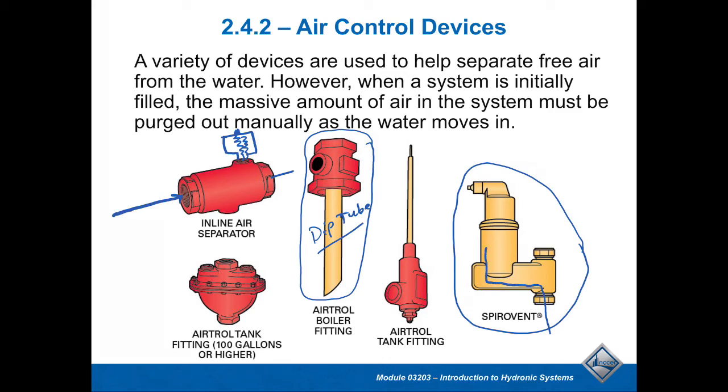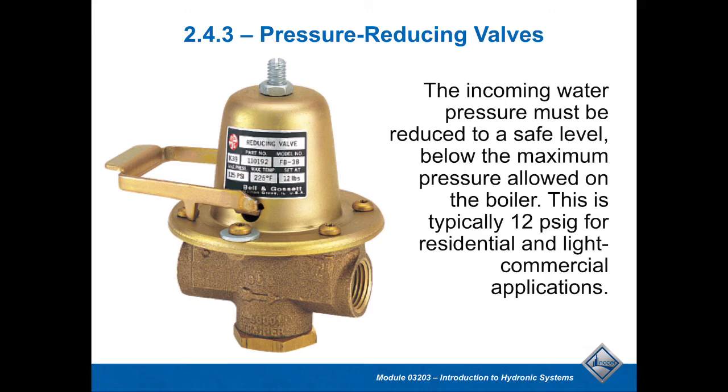This Spirevent shown here is a vertical air separator, where the water flows into it and makes its way back out. We're expecting those little micro bubbles to make their way out, and there would be an air vent off the top of this one. So again, there are a few different types of systems out there. Some do a better job than others.